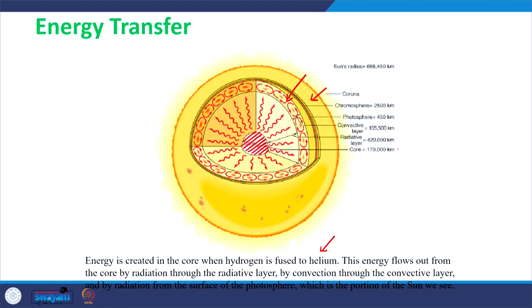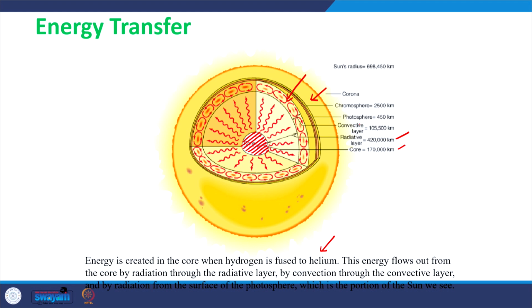So the typical radius of the core is 170,000 kilometers. And the typical size of the radiative layer is of the order of 420,000 kilometers.